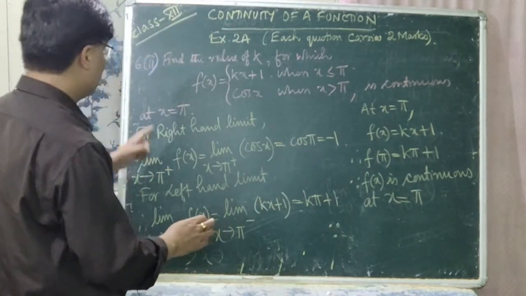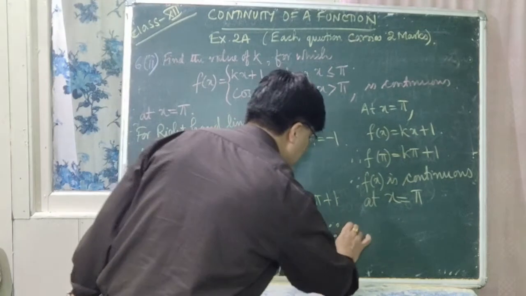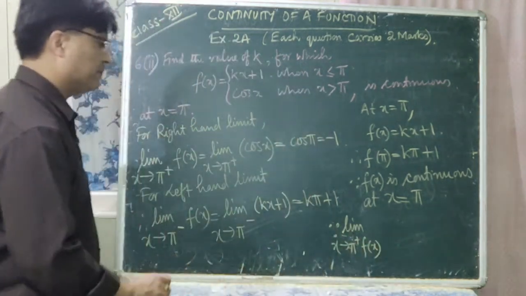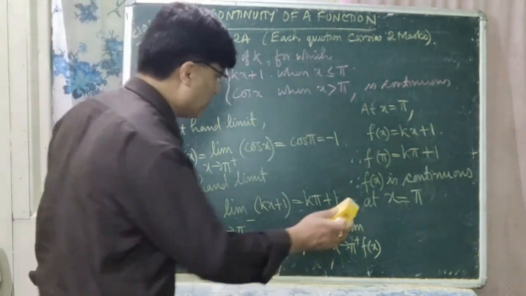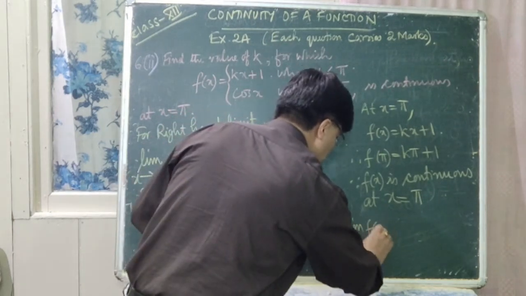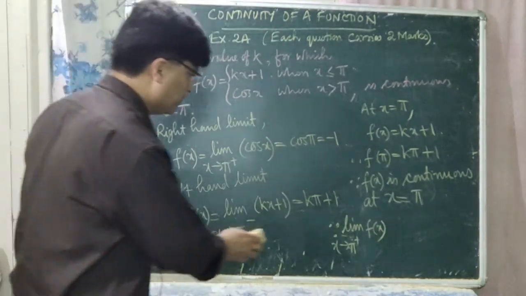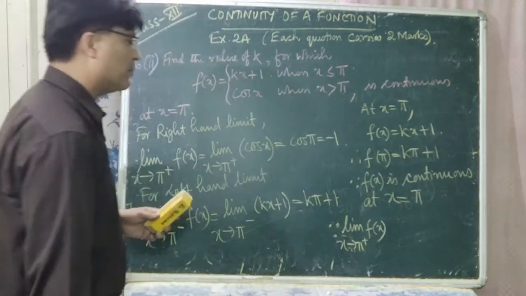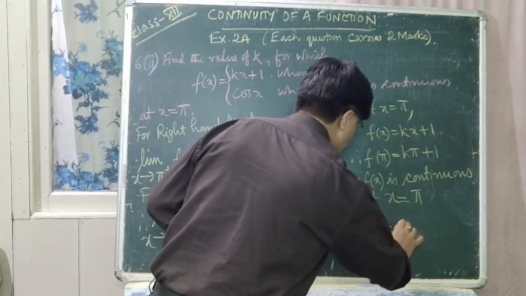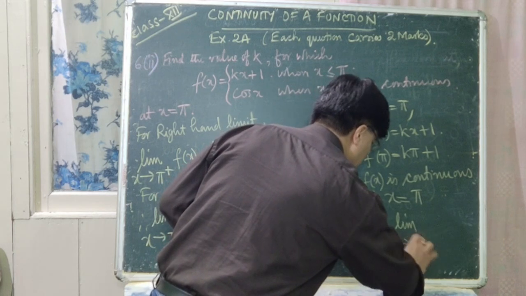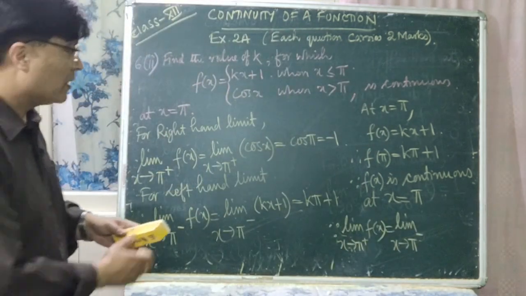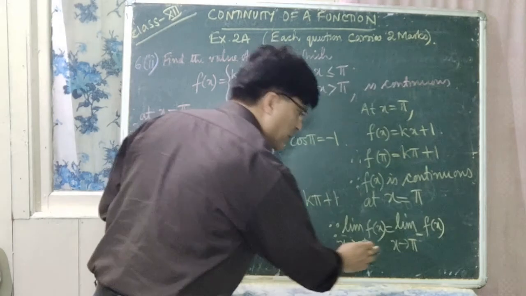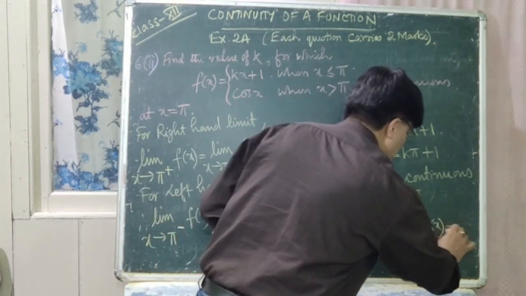We can write that the limit as x tends to pi plus of f of x, the right hand limit, is equal to the left hand limit, the limit as x tends to pi minus of f of x, which is equal to f of pi.